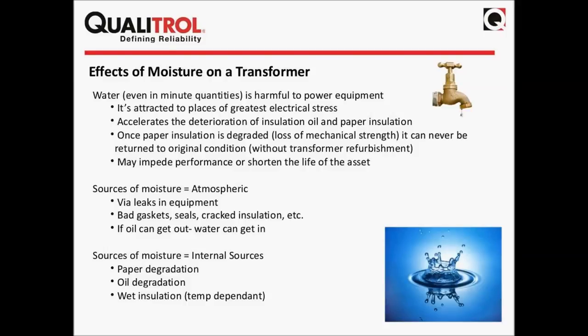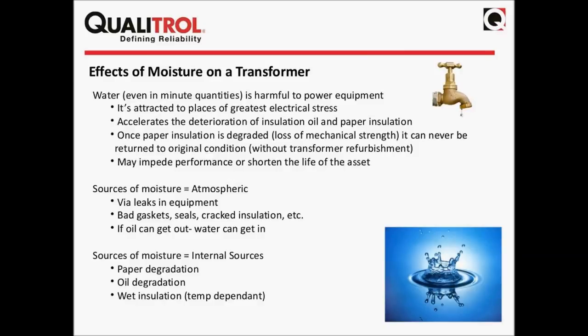Another major category is internal sources. As you know, paper starts to degrade, the oil starts to degrade. One of the side effects is that you get more moisture building up inside of the transformer, which just enhances the problem. Another problem in the internal sources is also wet insulation, and this is really temperature dependent.